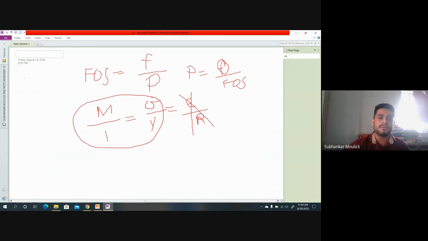Then sigma will become M into Y by I. So in order to find the value of bending stress sigma, first we need to find the overall bending moment in the problem, the value of y, and the value of I, that is moment of inertia. So let us find it out.